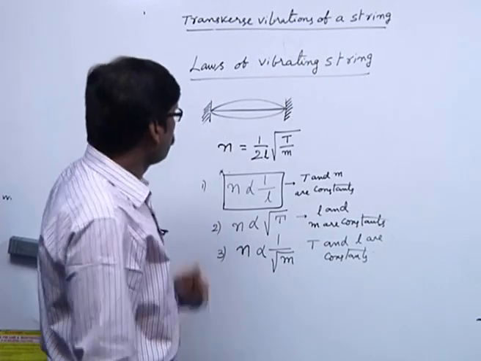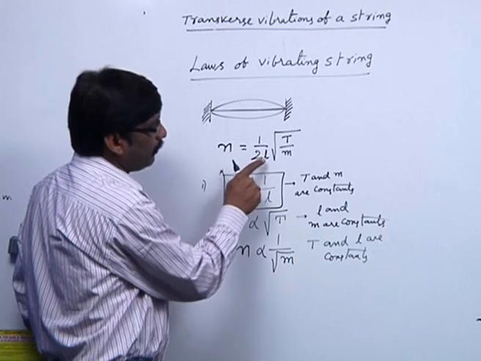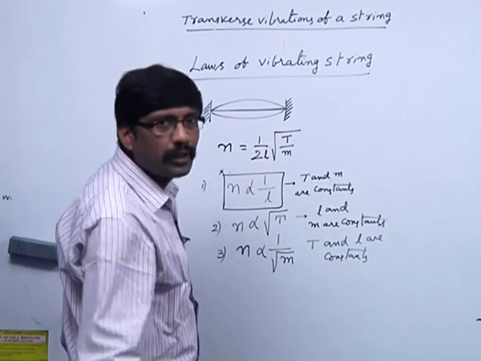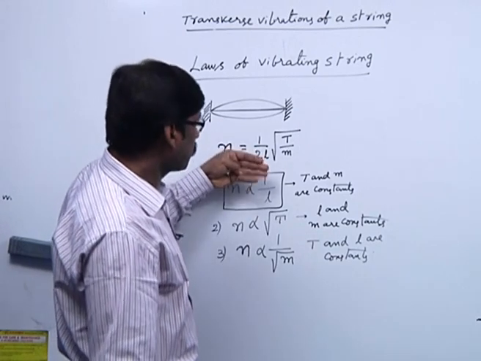So, frequency depends on 3 parameters: length, tension, and linear density, and we have 3 laws. Then how do you prove it? In physics, it is not only theory that is important, but we have to prove whether the theory is correct or wrong.